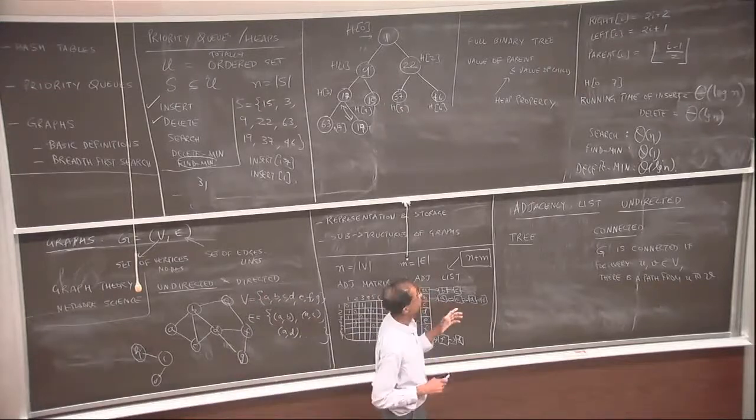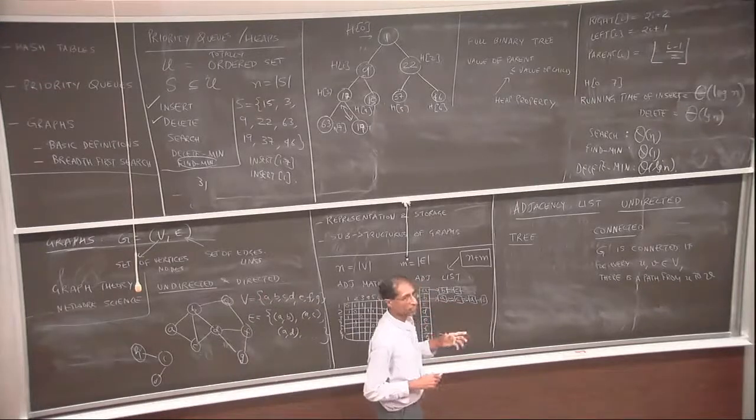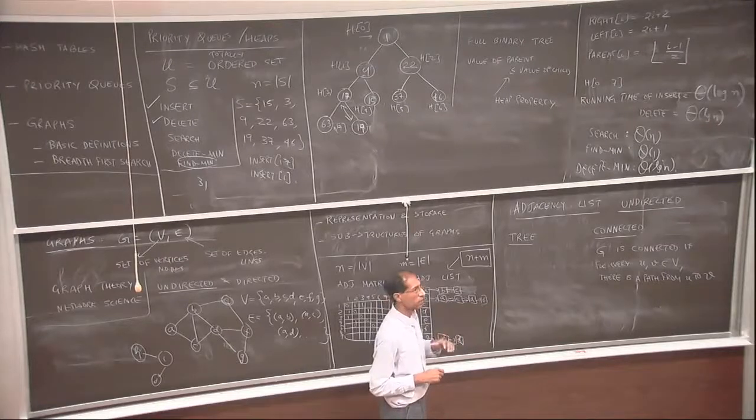Okay? Good. A graph is a tree if it is connected and it has no cycles.